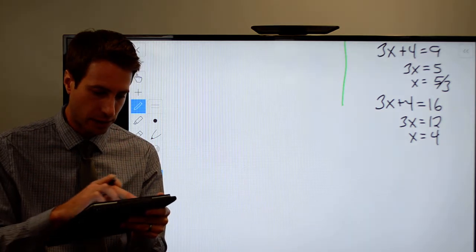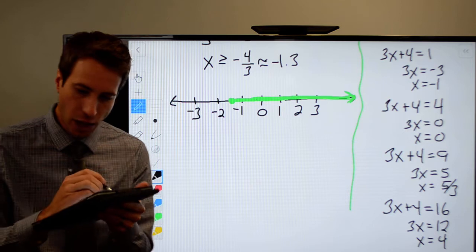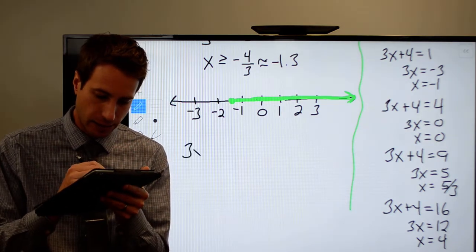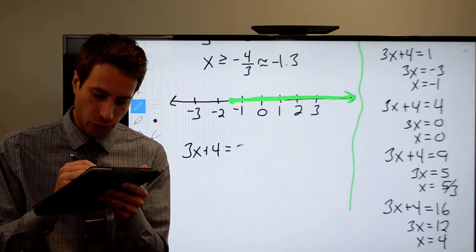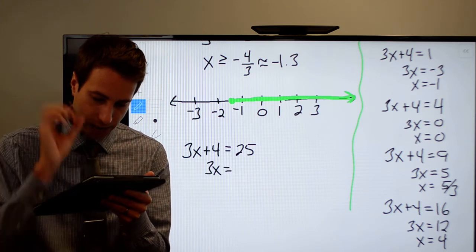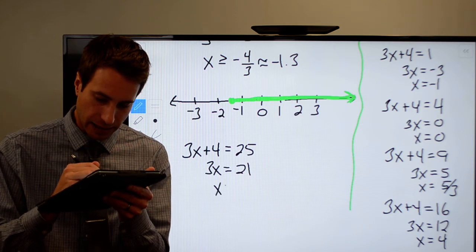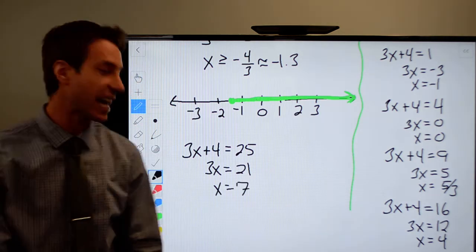Here, let me move so I'm not scrolled down quite so far. So I'm going to do 3x plus 4 is equal to 25. It doesn't look like this one's going to come out nice. 25 minus 4 is 21, oh, whoa, holy cow, yeah. x is equal to 7. Look at that. Here's another good one.